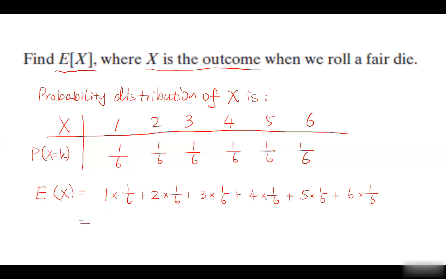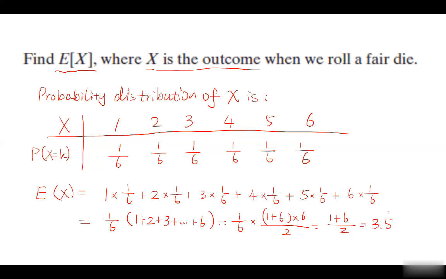And then because 1 over 6 is a common factor, we can put it in front. And what's left behind is 1 plus 2 plus 3 until 6, right? So the final result is 1 plus 6 over 2, which is 3.5, right?